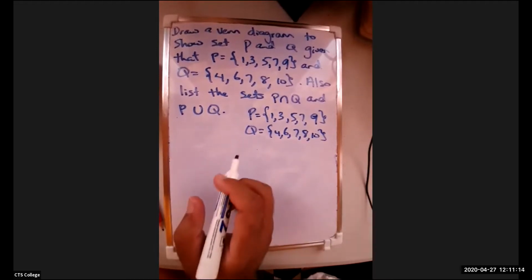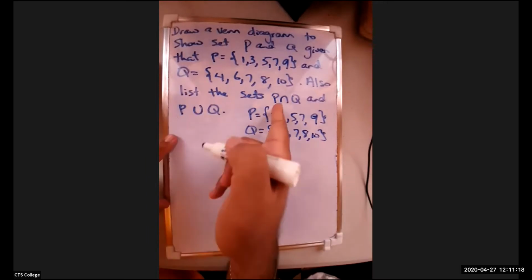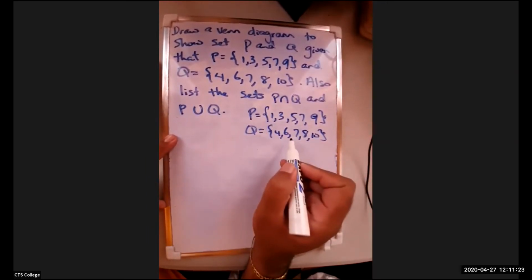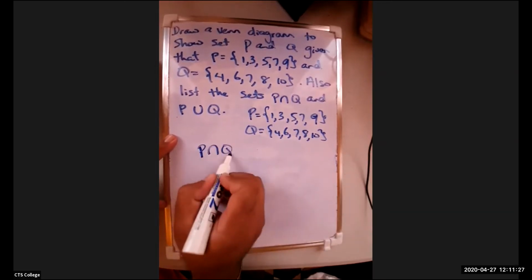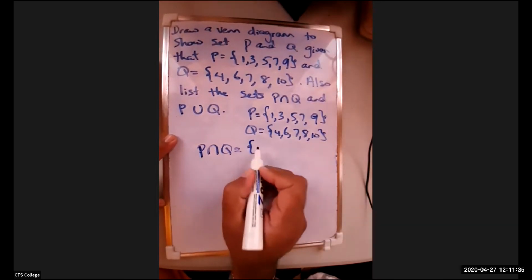Okay, let's work out these things first, right? The P intersect Q. Do they have anything in common? Correct. They have the 7 in common.